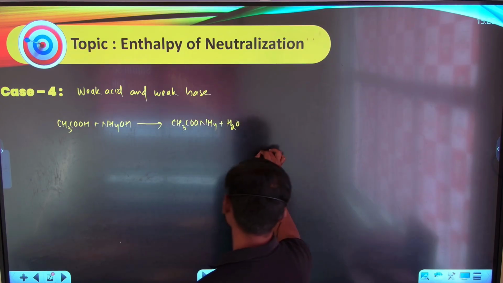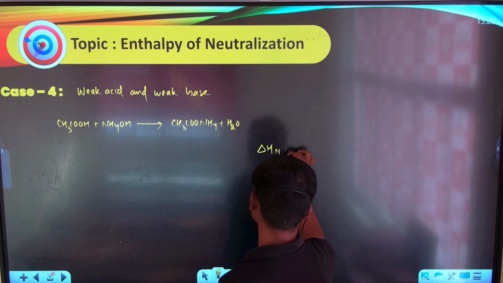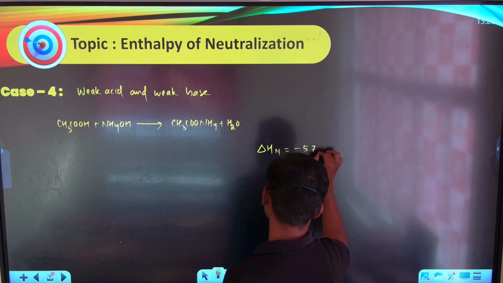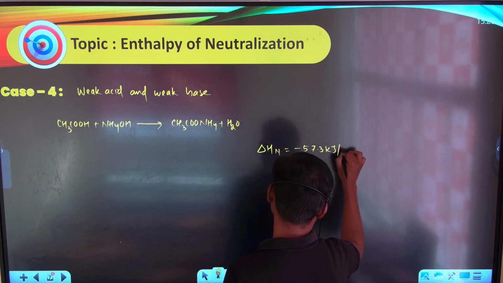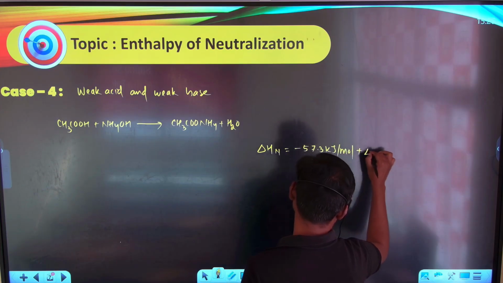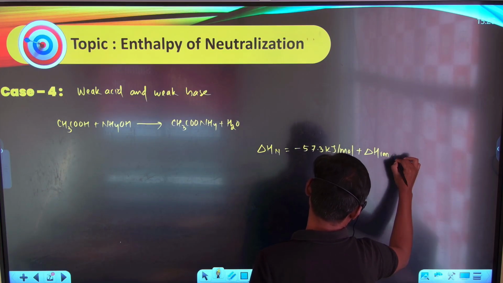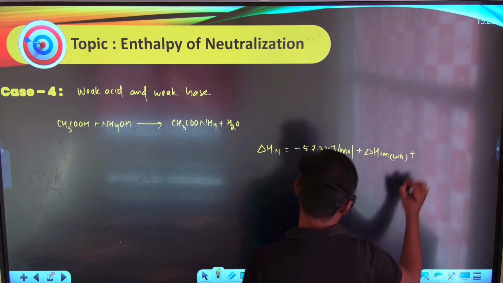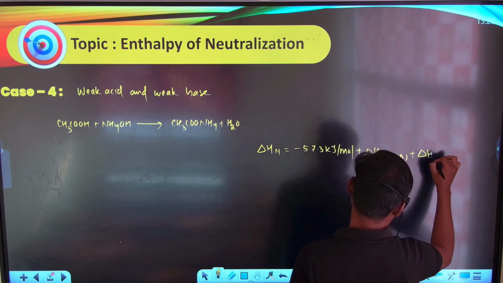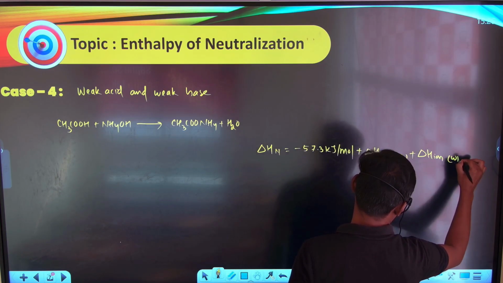For this reaction my neutralization enthalpy delta H will be equal to minus 57.3 kilojoule per mole plus delta H ionization of weak acid plus delta H ionization of weak base.